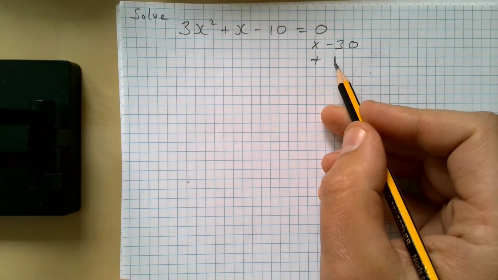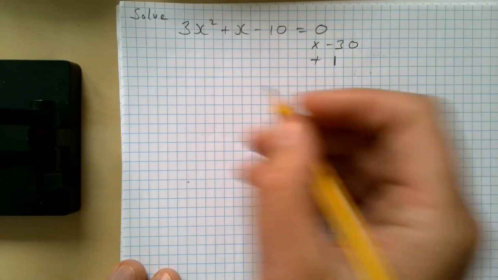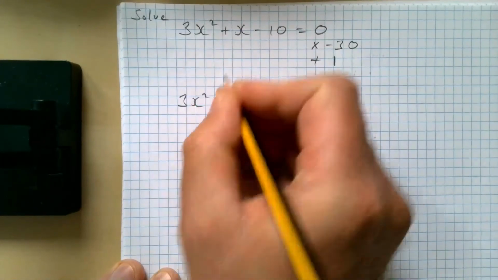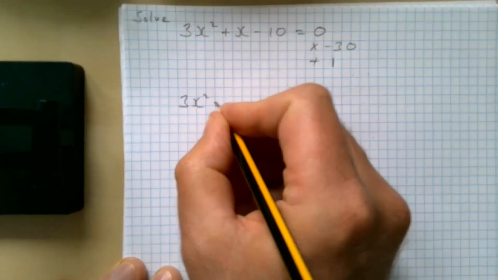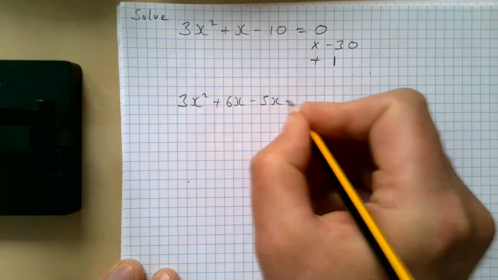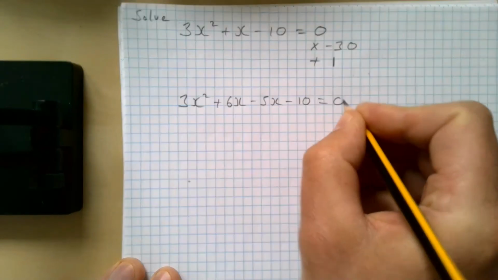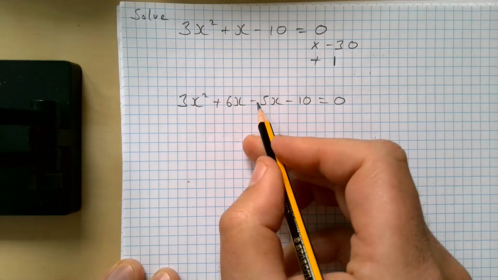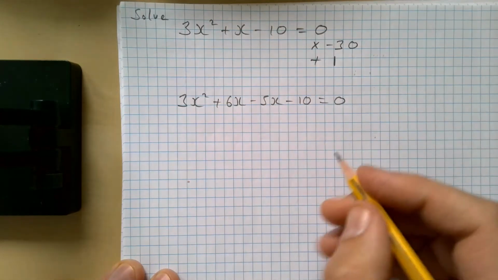So what we do with this then is we split our middle term. So I rewrite out this question, only I split my 1x into plus 6x minus 5x minus 10 equals 0. If you have written 3x squared minus 5x plus 6x minus 10 equals 0, that should still work.